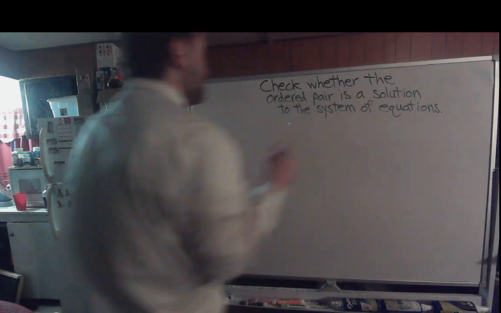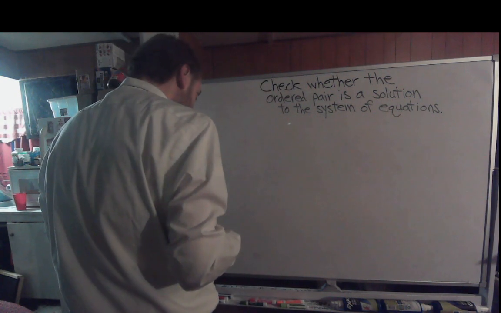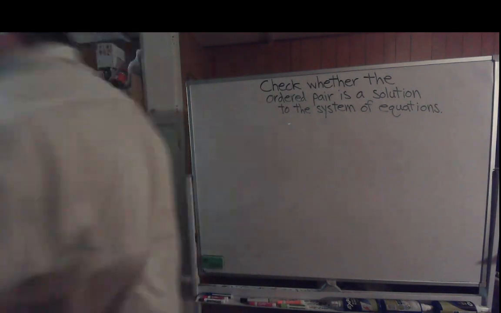All right, so we're going to be given an ordered pair and a system of equations. It's going to be our job to determine, is that ordered pair the solution?